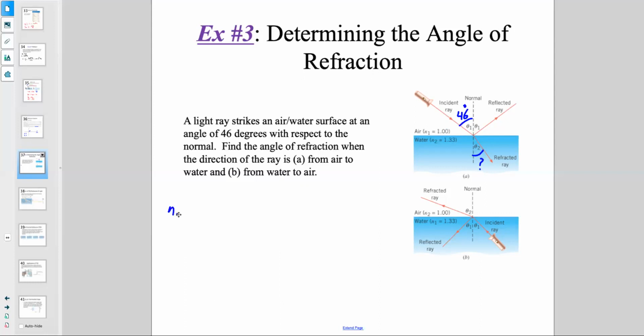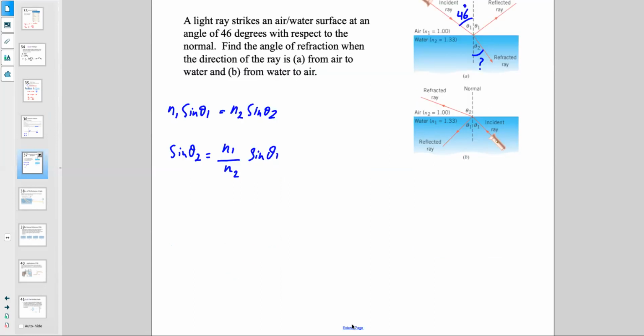So we know Snell's law: n1 sine theta 1 should be equal to n2 sine theta 2. Now sine theta 2 is n1 over n2 times sine theta 1, correct?